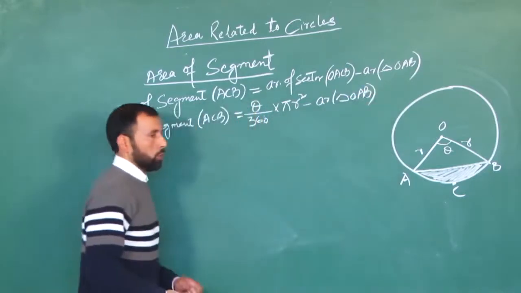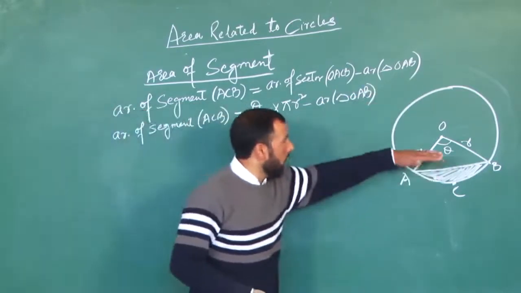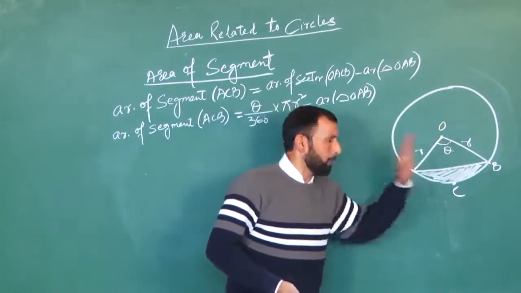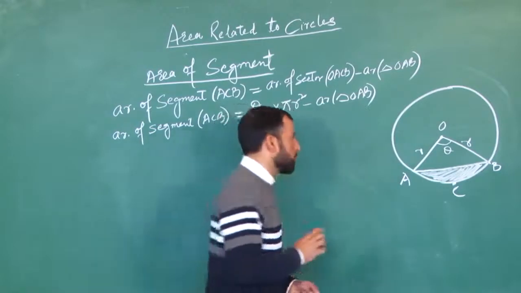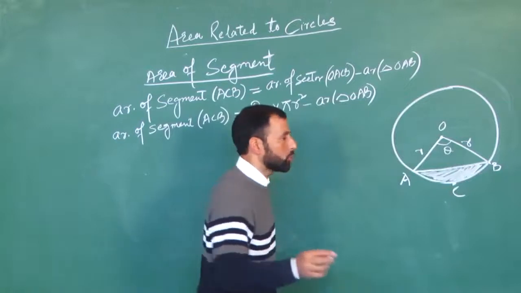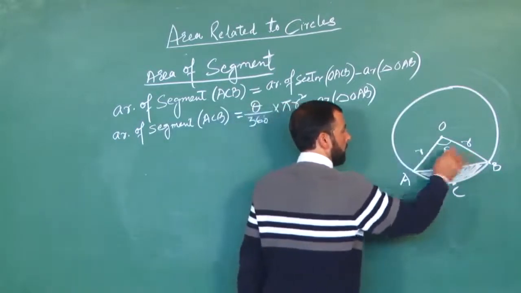But the question arises, how do we find the area of triangle OAB? This triangle is an isosceles triangle because the two sides OA and OB are the same.